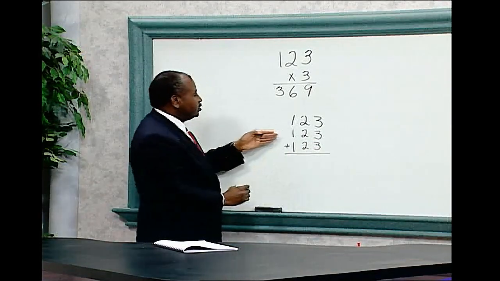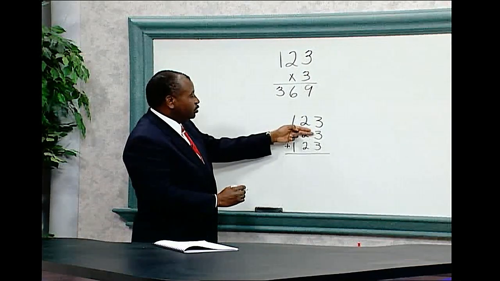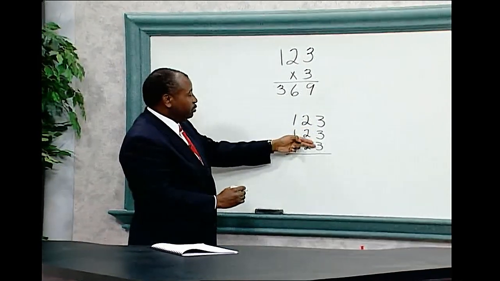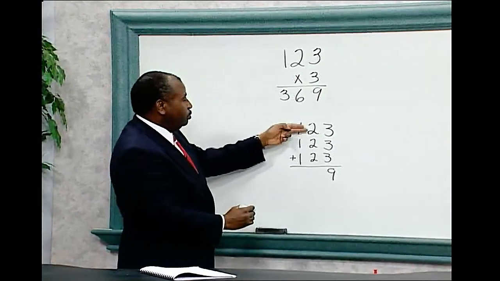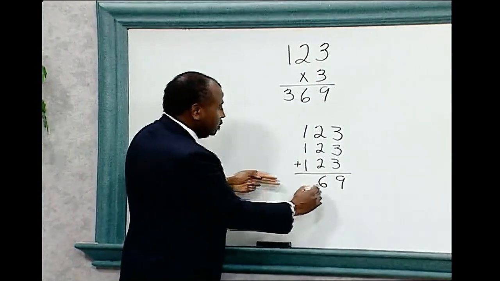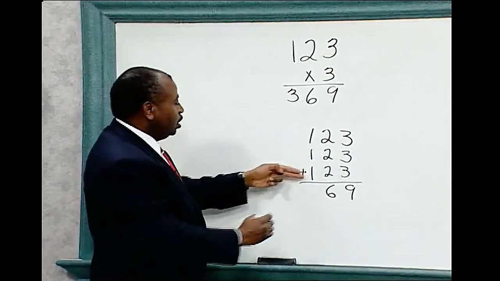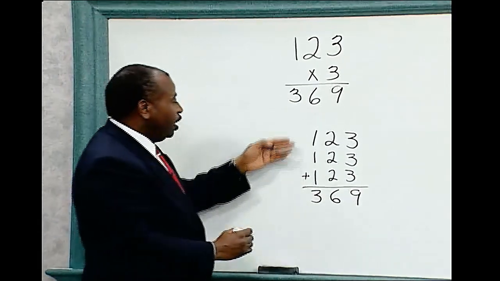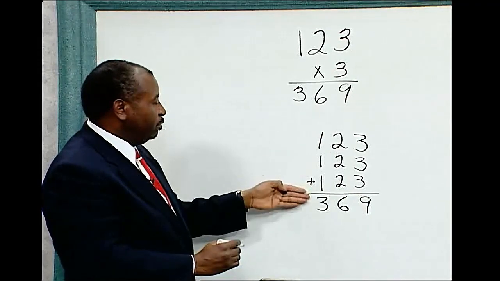Therefore, we can find the solution by adding. 3 plus 3 is 6, plus 3 is 9. 2 plus 2 is 4, plus 2 is 6. 1 plus 1 is 2, plus 1 is 3. Therefore, it would take 369 tiles to cover 3 floors.